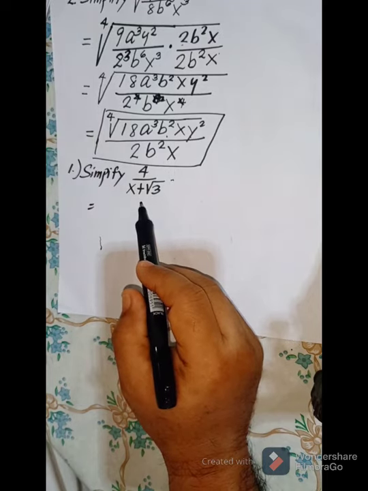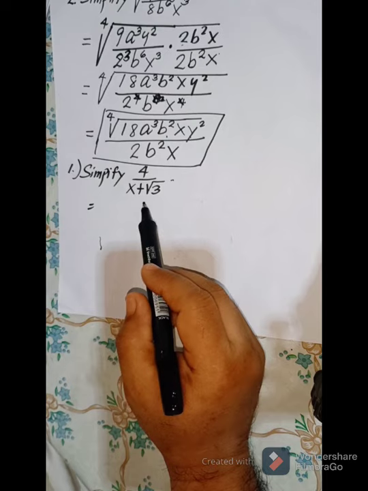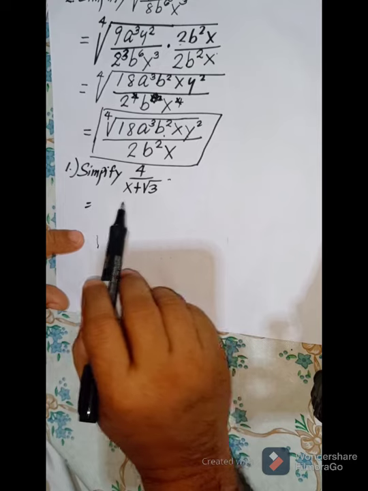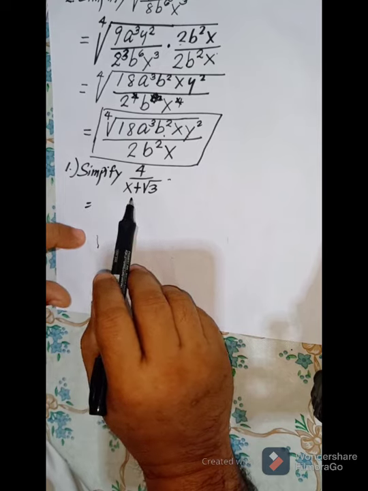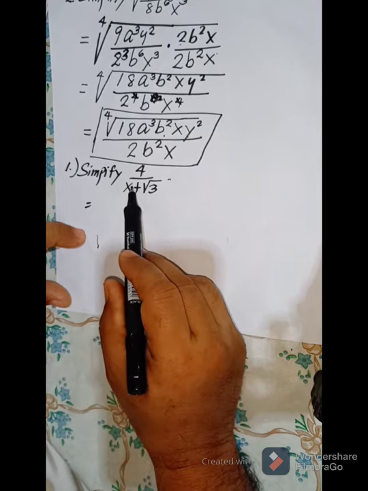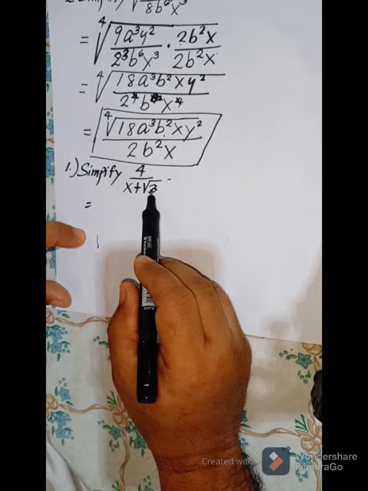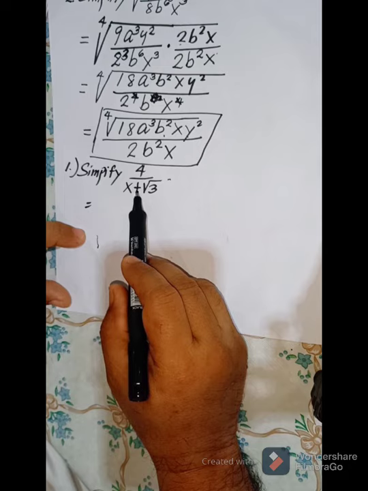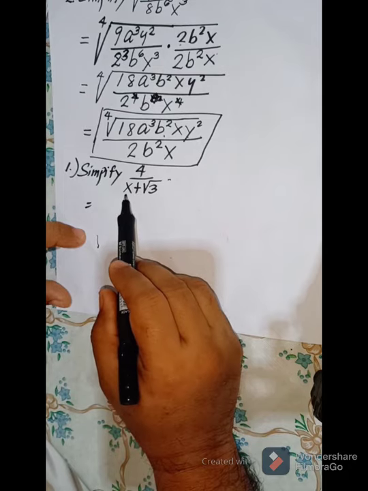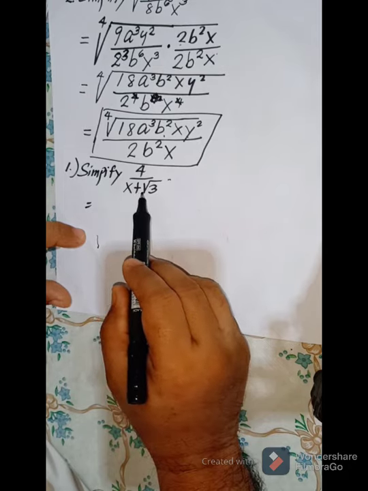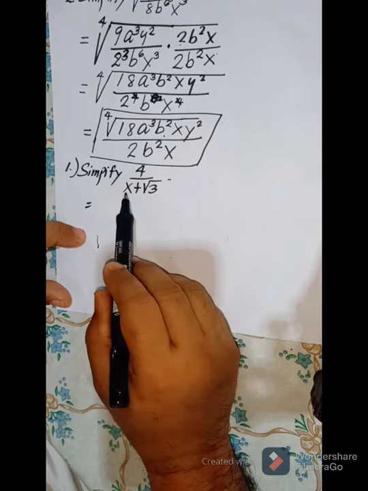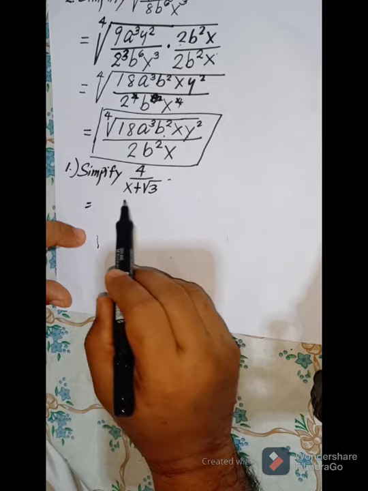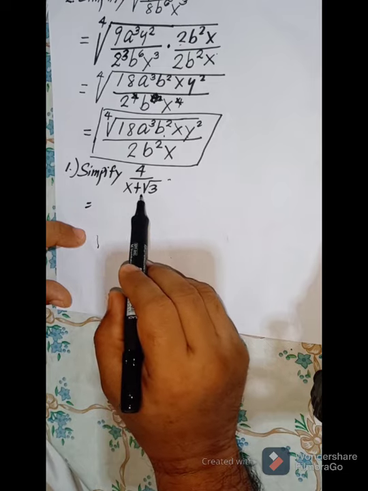So our first step is determine the conjugate of the denominator. Our conjugate of the denominator is simply obtained by changing the sign between the two terms. So positive here becomes negative. So the conjugate of the denominator is x minus square root of 3 again. x minus square root of 3 is the conjugate of the denominator, x plus square root of 3.